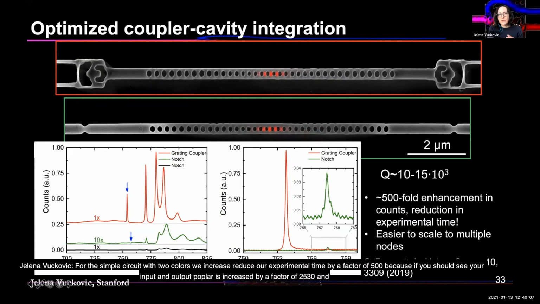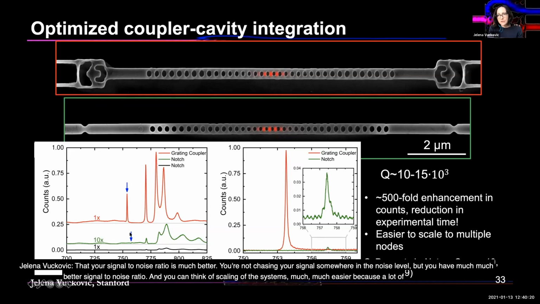For this simple circuit with two couplers, we reduce our experimental time by a factor of 500, because efficiency of input and output coupling is increased by a factor of 25, 30. And your signal to noise ratio is much better. You're not chasing your signal somewhere in the noise level, but you have much better signal to noise ratio.